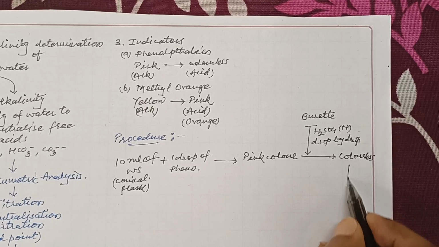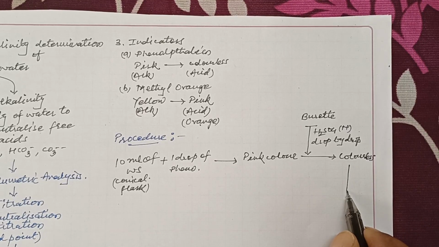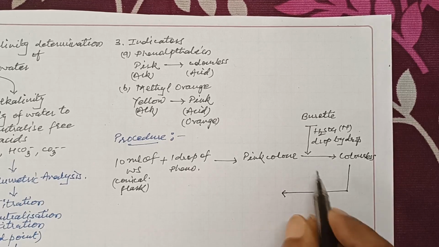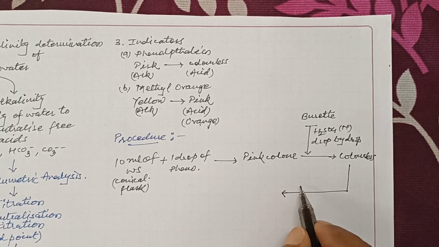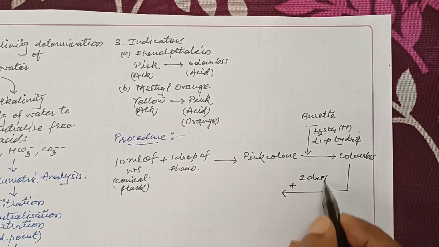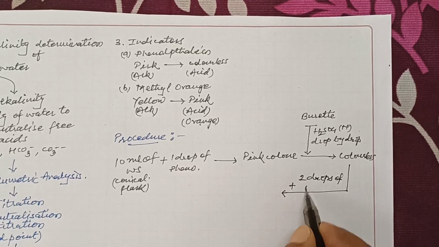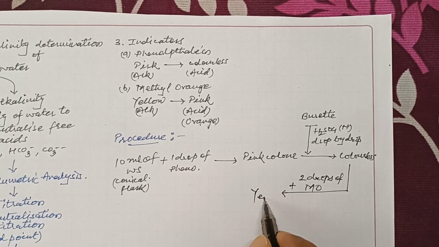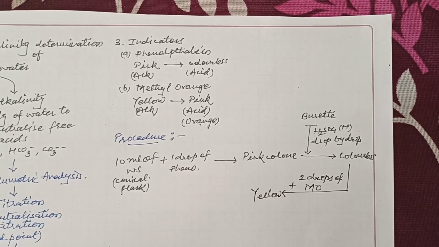Once we have the colorless condition, we add in the same conical flask 2 drops of methyl orange indicator, MO. So we get yellow color here.